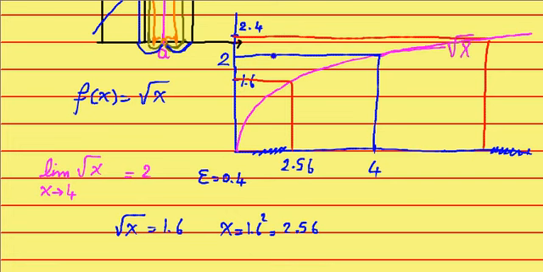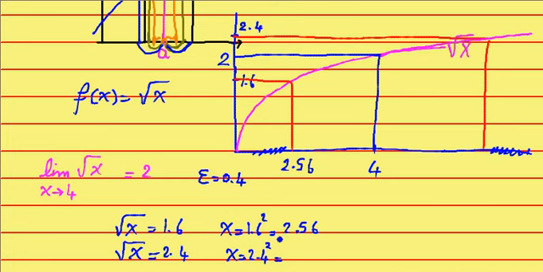Well, on the other side, square root of x has turned out to be 2.4. So x itself is 2.4 squared. What is 2.4 squared? I guess it is 5.76. Let me double check quickly. That is 2.4.